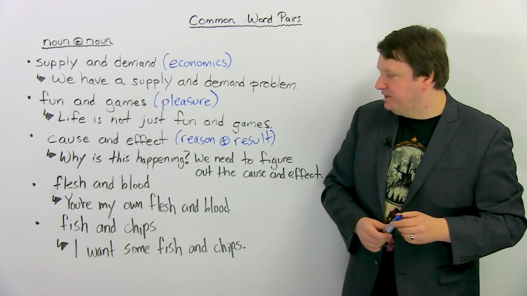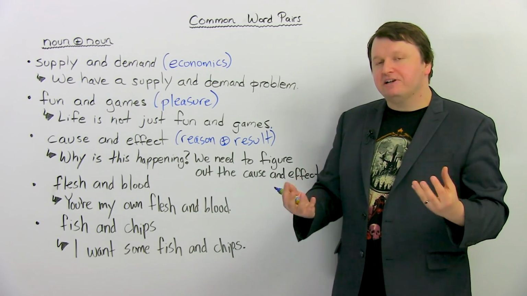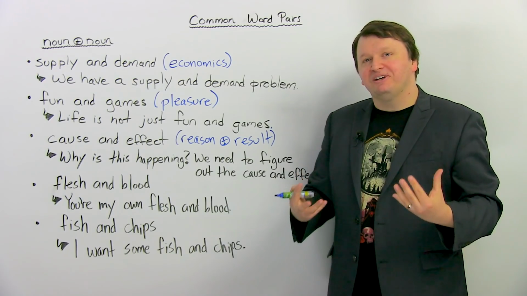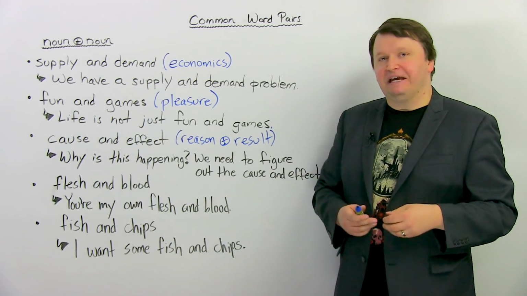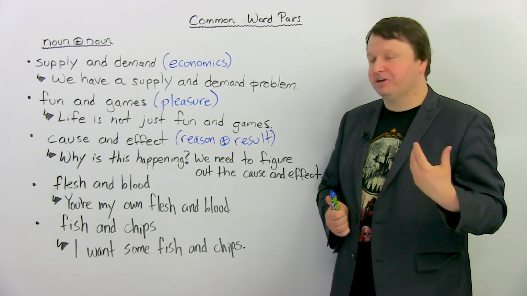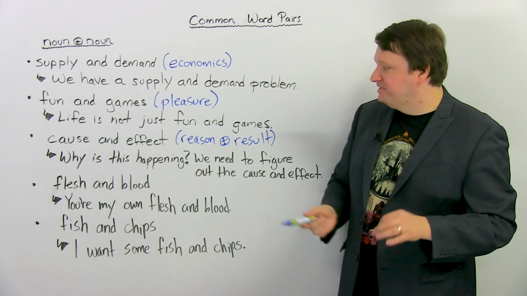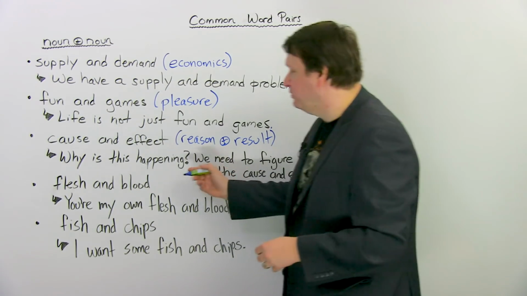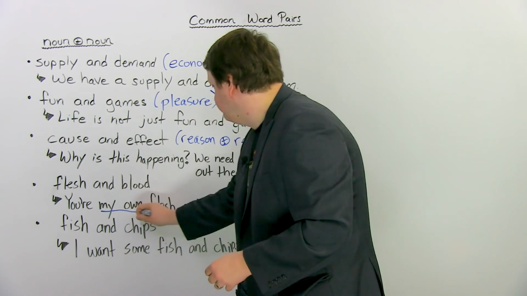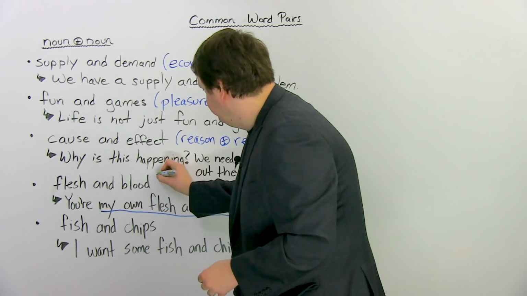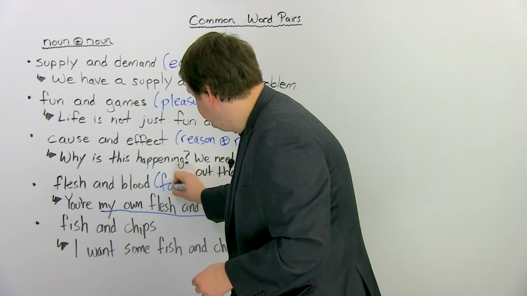Next, flesh and blood. You're my own flesh and blood. So usually you will hear that kind of line in a gangster movie or maybe in The Godfather. Usually it refers to family. So my own flesh and blood refers to family.